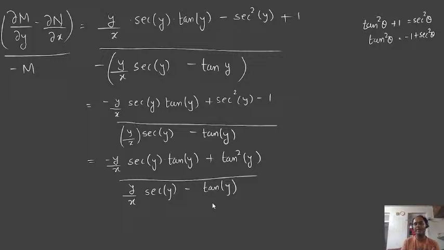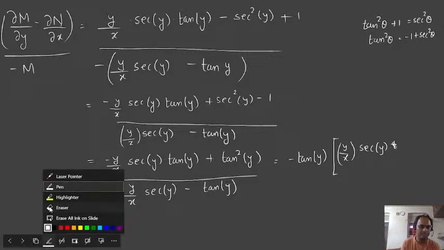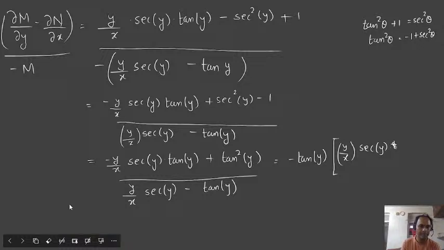Now when you take tan y common, what do you get from the numerator? Or you can take minus tan y common. Let's take minus tan y common. I get in the numerator y over x sec y, tan has gone common, and I have taken the minus sign common, so I'll get minus here, and here I get tan y.